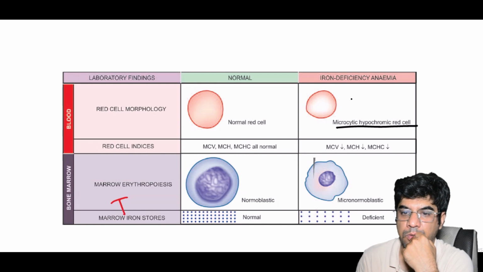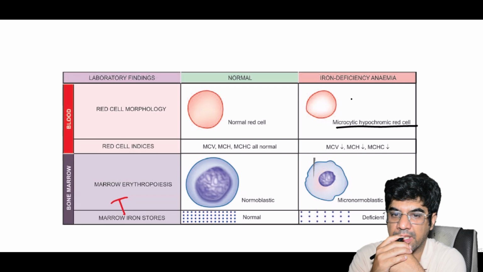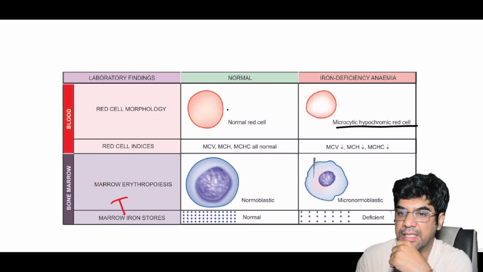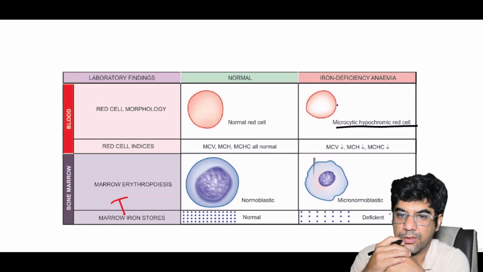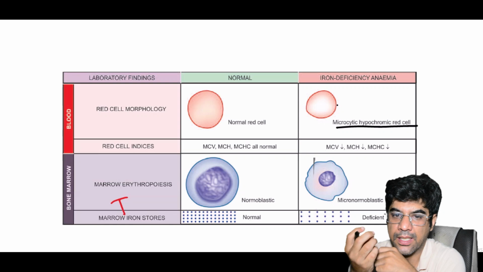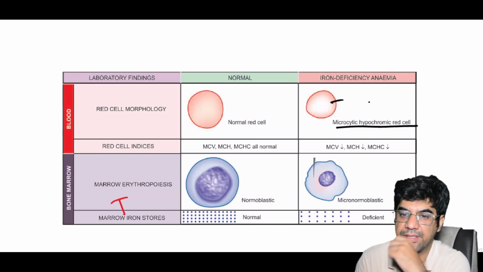So hypochromia is due to the poor filling of the red blood cells with hemoglobin, so there is increase in the central pallor. So in severe cases, there may be only a thin rim of pink staining at the periphery. Apart from that, you can see target cells and polychromatic cells.